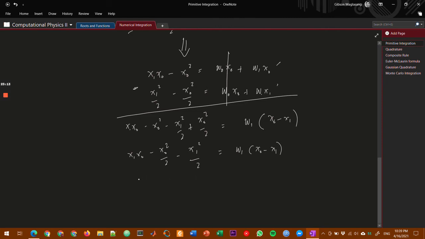So we can rewrite this as, let's say, x1 squared over 2 plus x1 x naught minus x naught squared over 2.